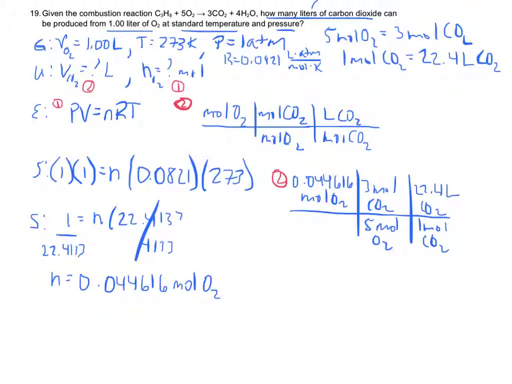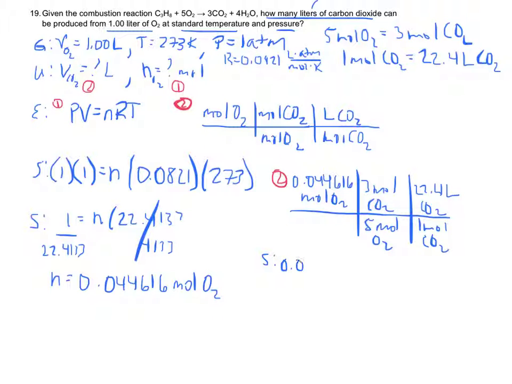All right, so math-wise, what do we need to do here? We need to take our 0.044616, multiply by 3, divide by 5, then multiply by 22.4. So let me just write that down, that's what we're doing for our solution here for the second part.